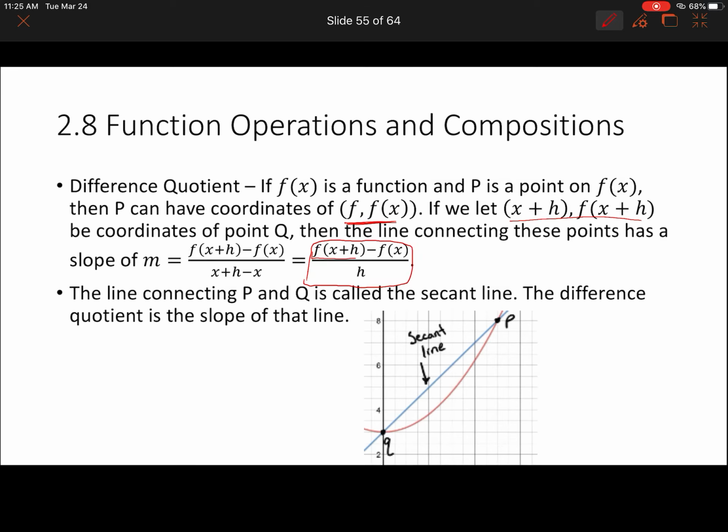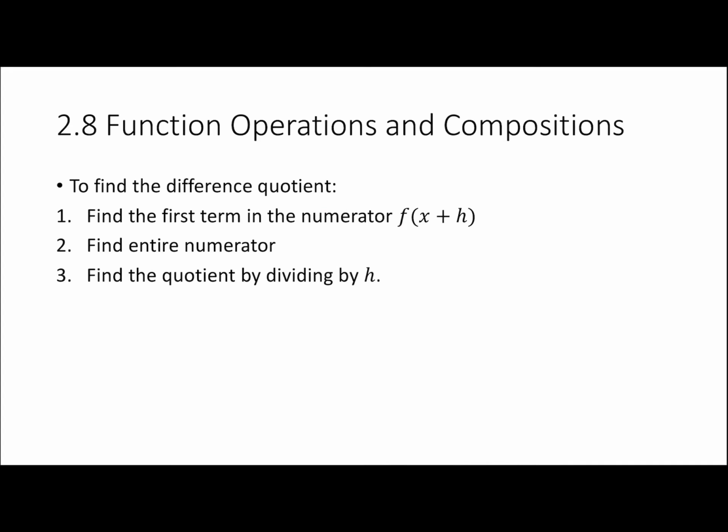So the way we're going to find the difference quotient is we're going to find the first term in the numerator. So go back to this f of x plus h. Well, now we know from evaluating functions that the way we find that is to take x plus h and put it in place of x in the function. Okay, so that's going to be step 1. Step 2 is to find the entire numerator. So the difference quotient is f of x plus h minus f of x.